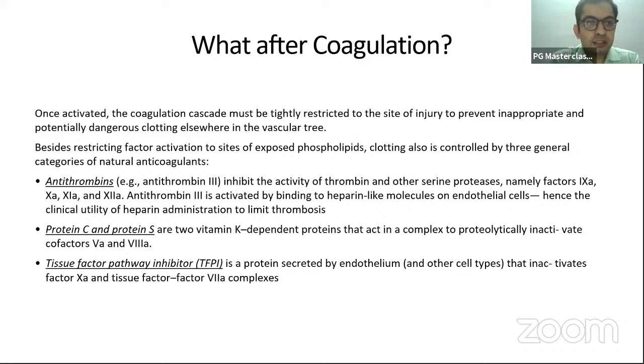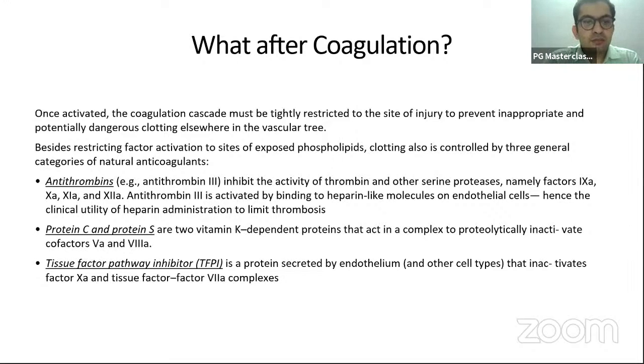After the coagulation pathway has been activated, it must be tightly restricted to the site of injury to prevent inappropriate and potentially dangerous clotting elsewhere. Besides restricting the factor activations to the sites exposed, as in endothelium and the coagulation factors, there are various mechanisms within the human body, such as antithrombins, which inhibit the activity of thrombin and other serine proteases.